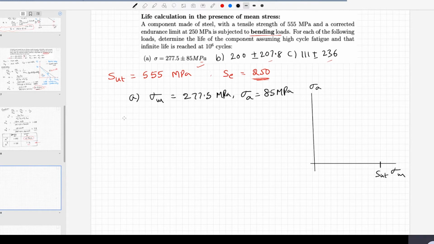Since we are not given any criterion, we are using Goodman because we know that it is a better criterion: sigma m by SUT plus sigma a by SE equals 1. We are not considering any factor of safety. If you consider a factor of safety, then it would be 1 by that factor of safety. Here I am assuming the factor of safety to be 1, and hence I am not taking it into account.